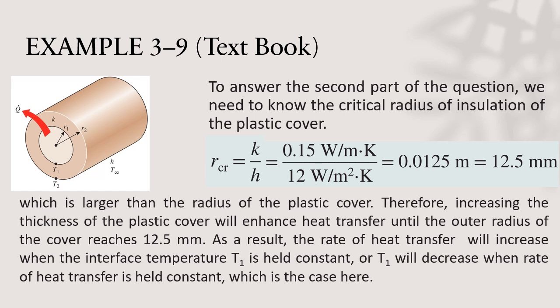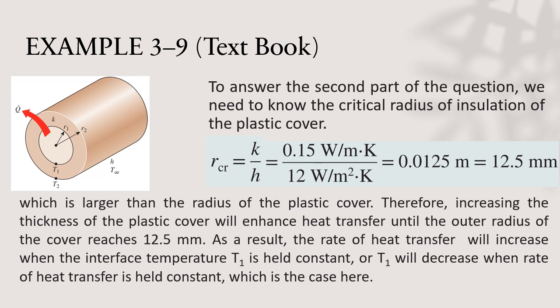Okay, so in this case, another function of this plastic cover is not only to protect us from electric shock, but also to enhance heat transfer so that the wire will not overheat. So the function of this insulation is to enhance heat transfer, so it must be below the critical radius.